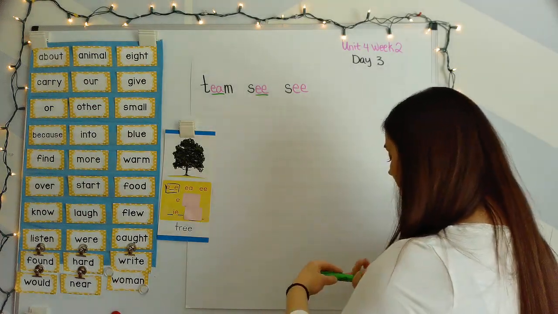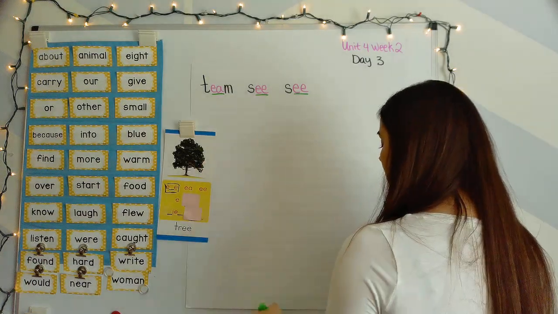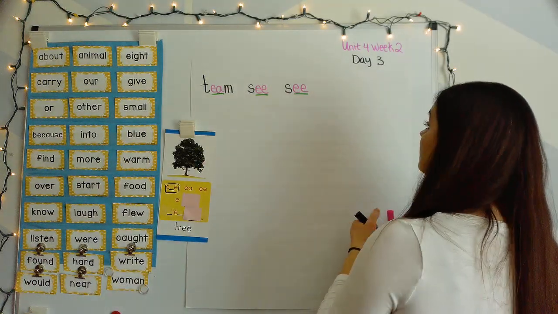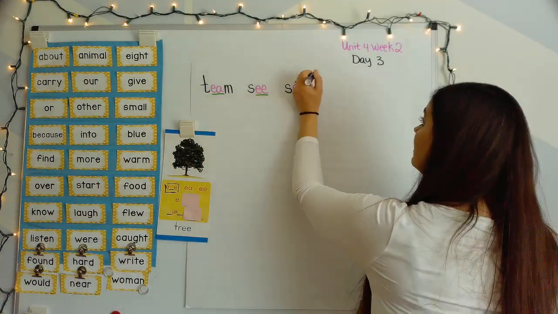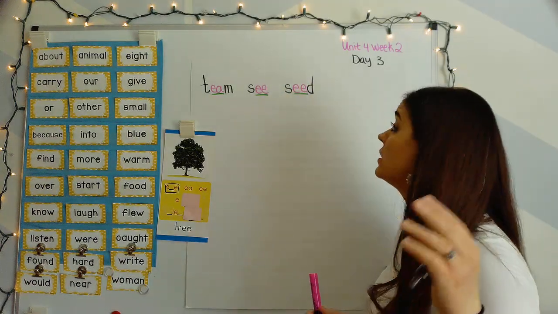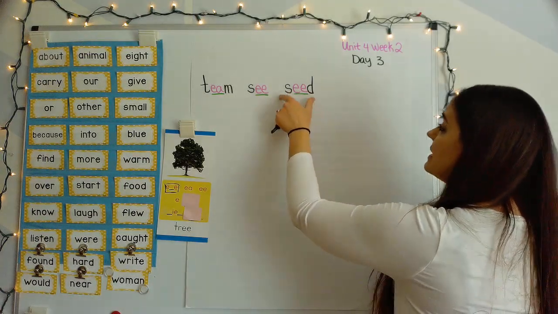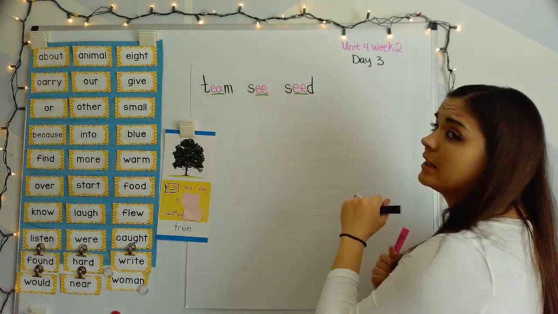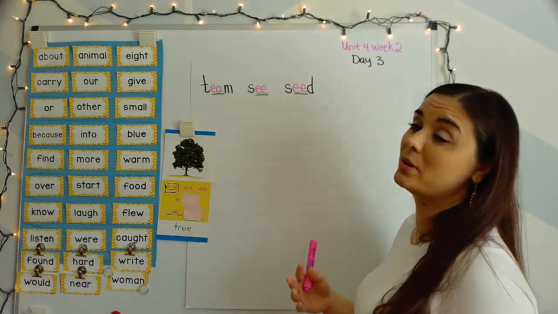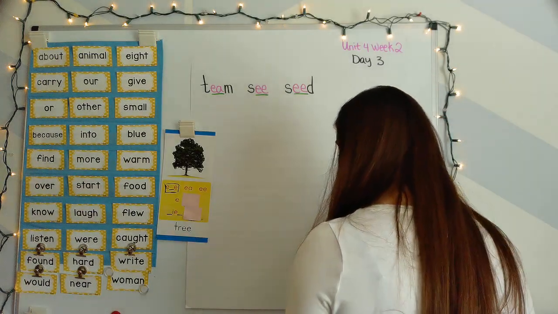Vowel team, work together to say long E. S-E, just like see. And add a D. Changes the word, changes the sound, changes the meaning. S-E-E-D, seed. So one letter in a whole bunch of words can change meaning and the sound.